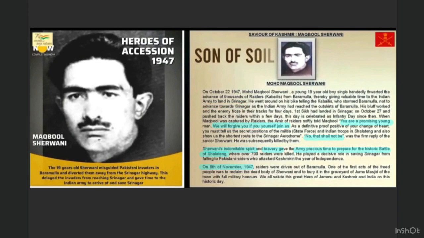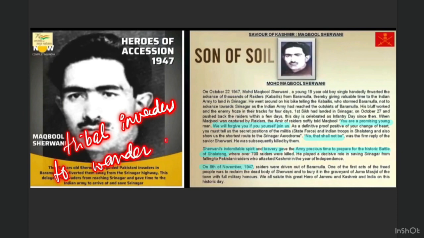After he was captured, this young boy made these tribal invaders wander on the wrong routes. He showed them wrong routes.